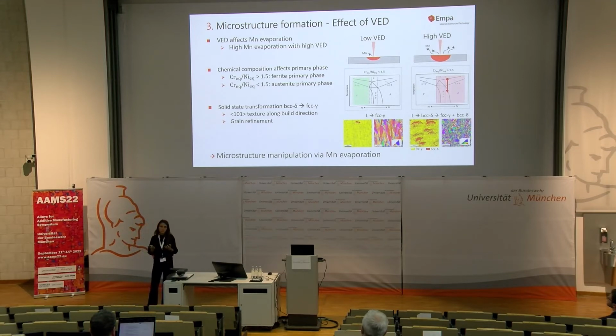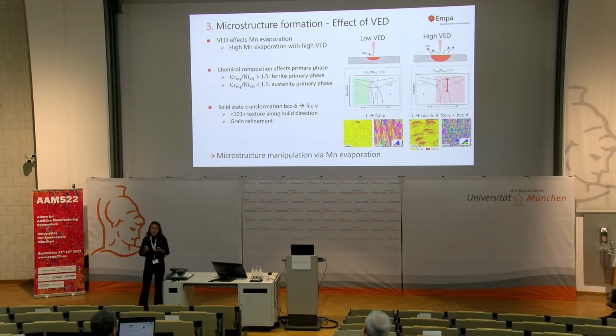And this is a crucial point, because the chemical composition defines the phase stability and affects the primary phase that forms during solidification. Manganese is an austenite stabilizer. So with this loss of manganese, we are changing the primary phase of solidification from austenite to ferrite. This is why we have a high amount of ferrite in the sample after fabrication.